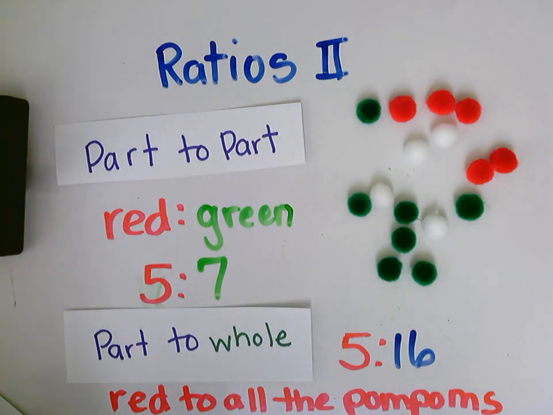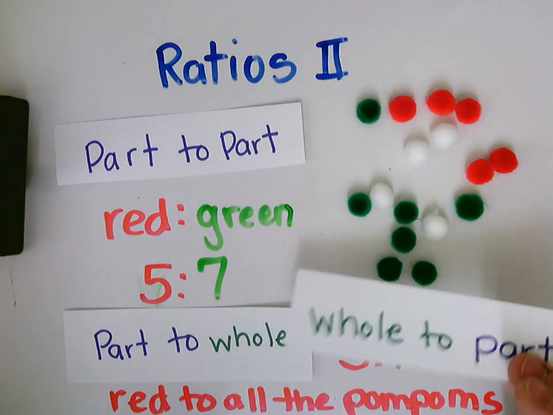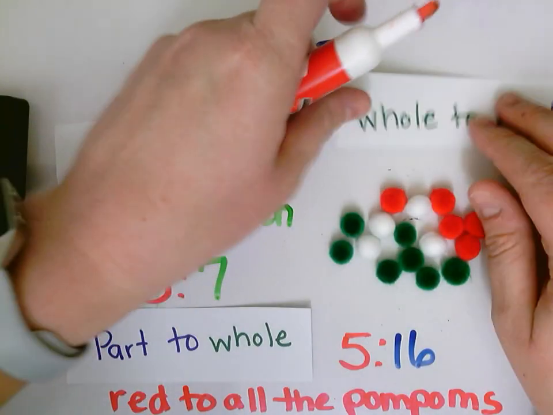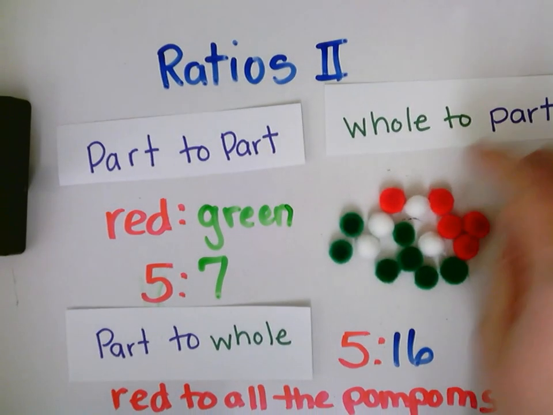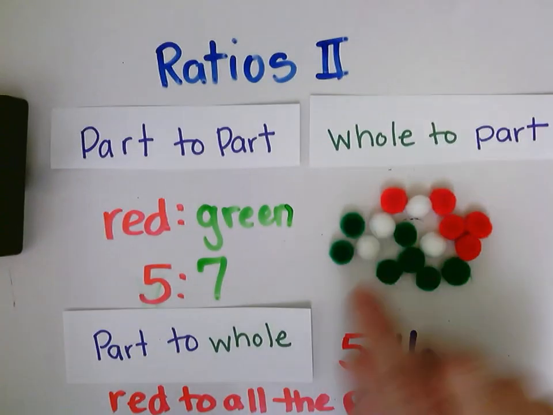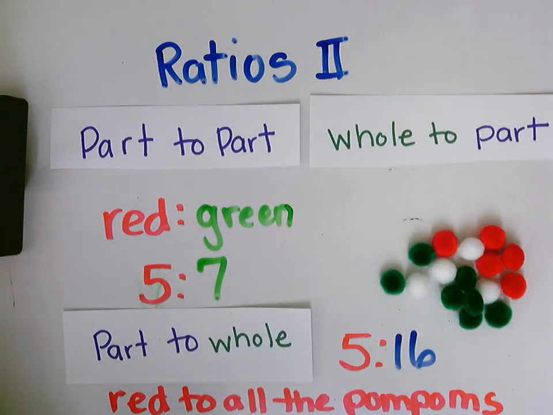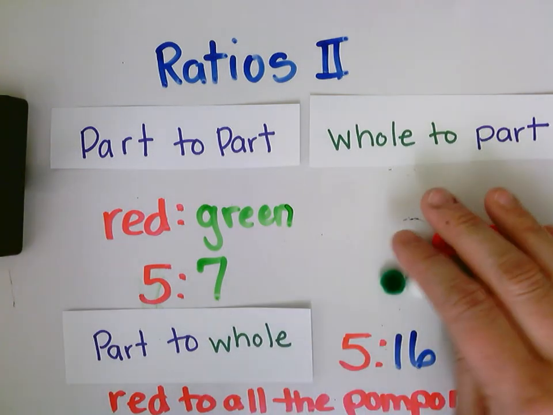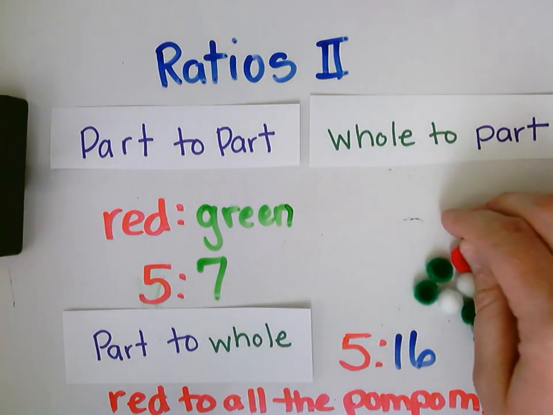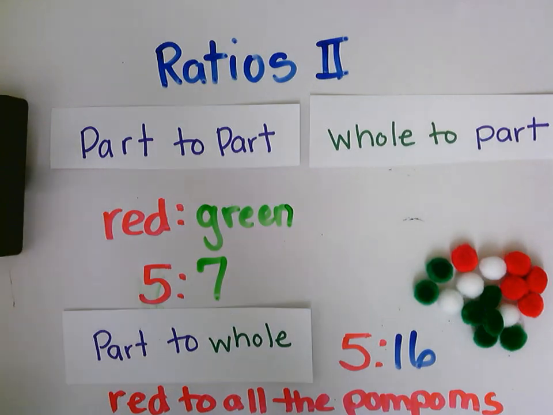Okay, and then the last type of ratio is whole to part. Whole to part, which again is kind of like our part to whole, but again we're going to reverse the order. My whole is still 16. So what if I wanted to know the ratio of all pom-poms to white pom-poms?